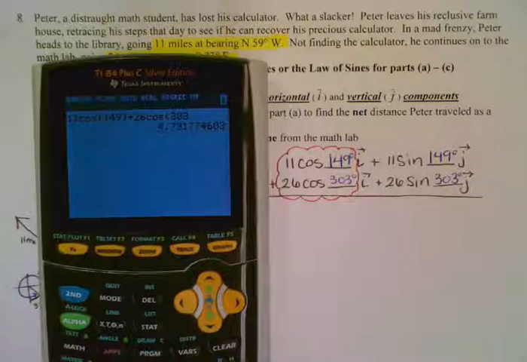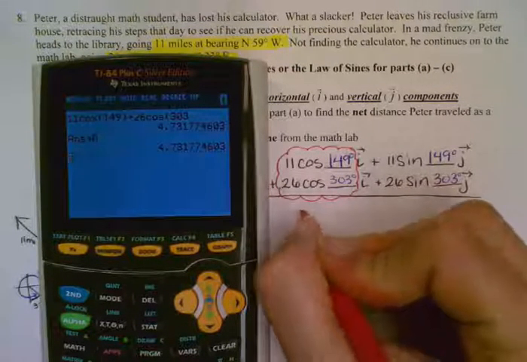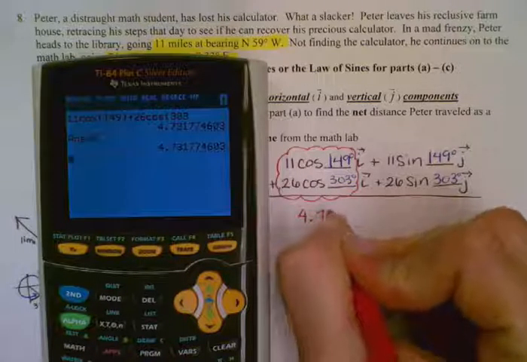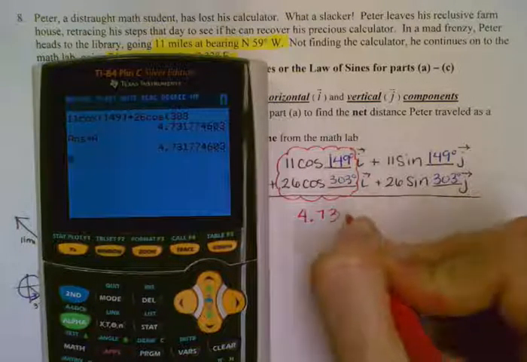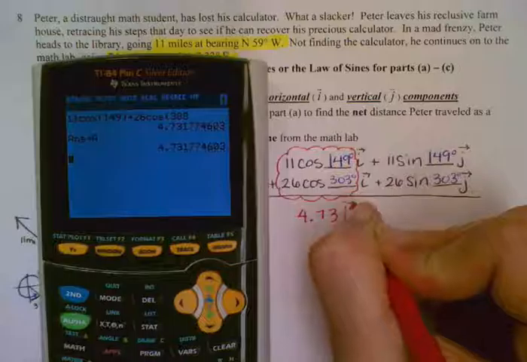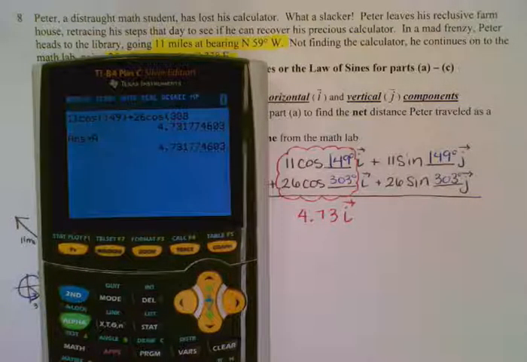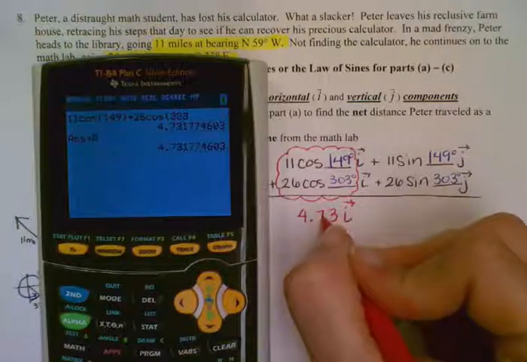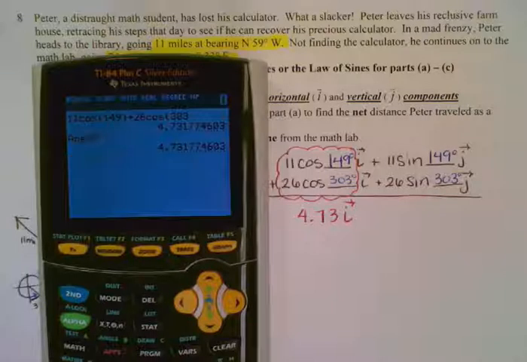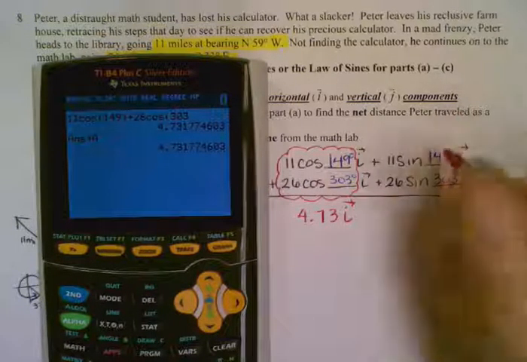Okay, don't forget to store your value. And you can round to the nearest hundredth when you write it. Okay, so we get a magnitude or a horizontal distance of 4.73. Okay, we're going to do the same thing for our vertical.